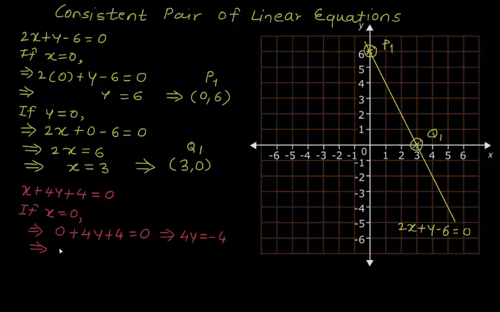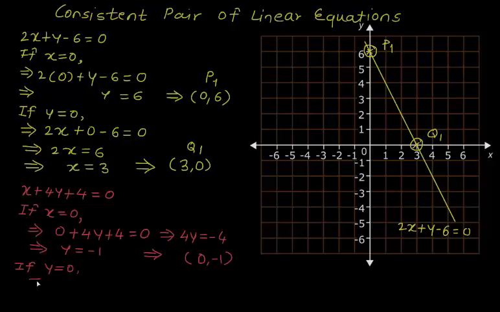Dividing both sides by 4, we get y is equal to minus 1. So we got the first solution to the linear equation x plus 4y plus 4 is equal to 0, where if the value of x is 0, y has value minus 1. So let's mark it as (0, -1).